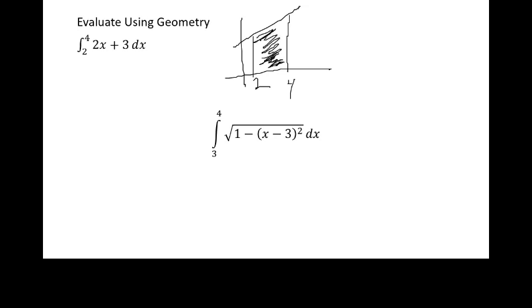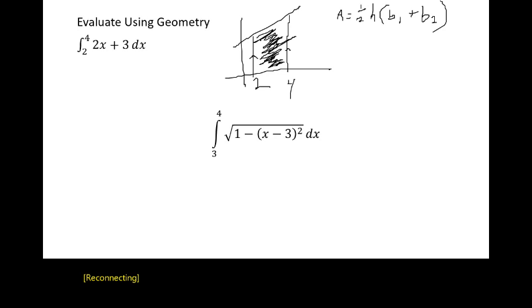This shaded region is called a trapezoid, and the area of a trapezoid formula goes something like this. You have 1/2 times h, which is the distance between the parallel sides, times the length of parallel side number 1, plus the length of parallel side number 2. So that's basically what we're going to be using to evaluate this definite integral.